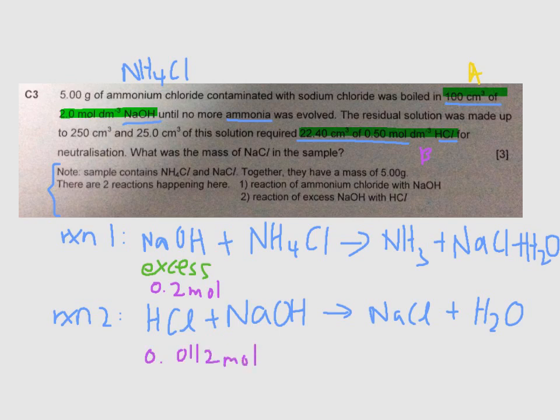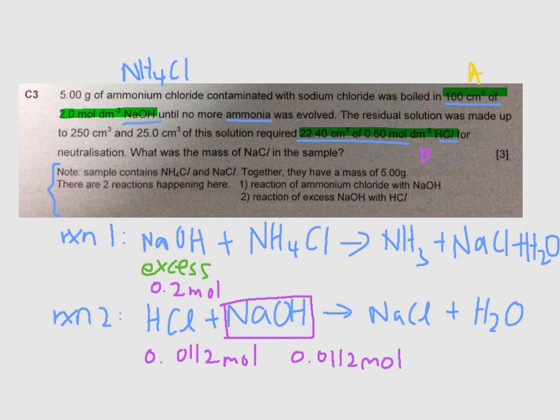Since you have reaction 2 mole ratio between HCl and NaOH, which is 1:1, you know that the amount of NaOH used in your titration is also 0.0112 moles.